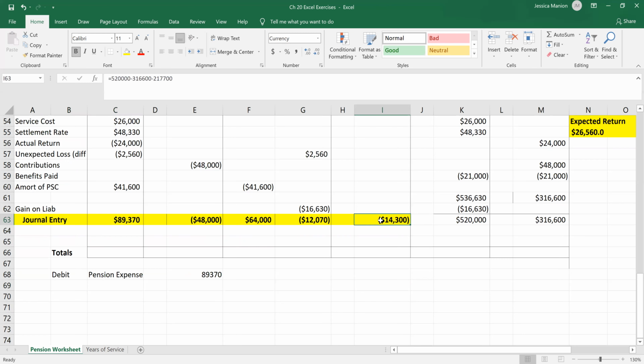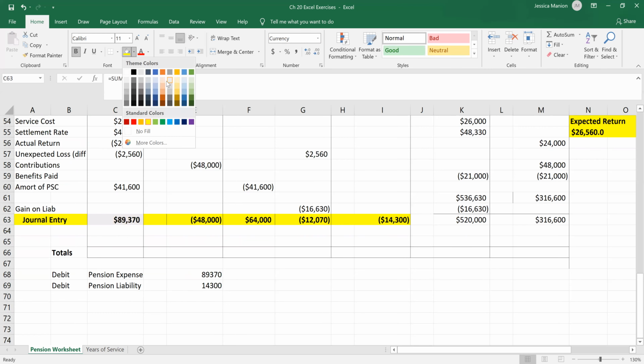Now, remember, we also have a debit to the liability over here because that liability decreased. So debit pension liability, 14,300. And actually, just for my own sake, so I know we've got this, we did that one. We did this one. Okay.